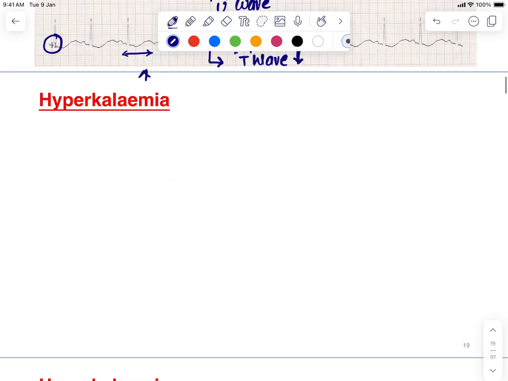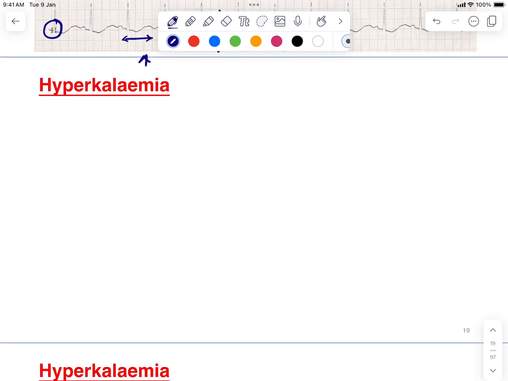Now, if you observe the ECG changes that you have in patients with hyperkalemia, whenever there is hyperkalemia, what exactly is that? It is increased extracellular potassium levels.